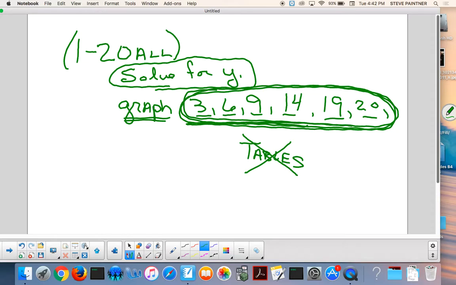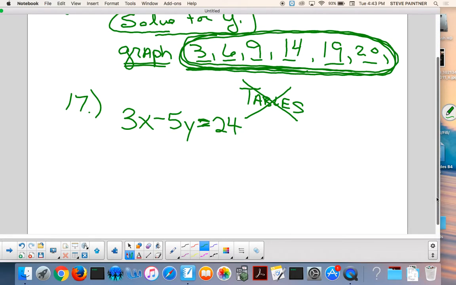All right. Really quick, I'm just going to look at one of your problems on this worksheet 1 through 20. If I was to look at number 17, okay, this is 17 off your worksheet. It says 3x take away 5y equals 24. Okay, so there's your problem, and it does say solve it for y. So solving for y, you would need to get this y term all by itself.